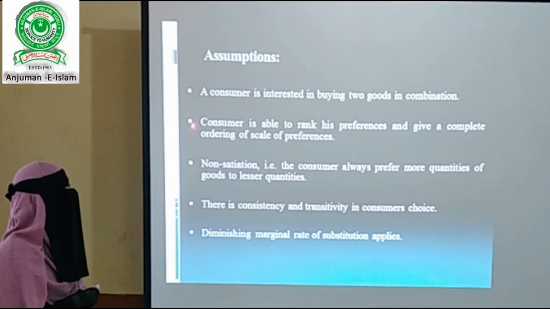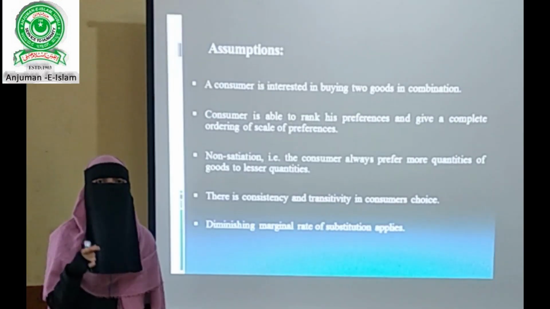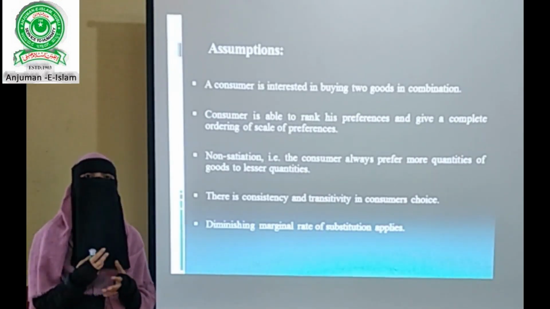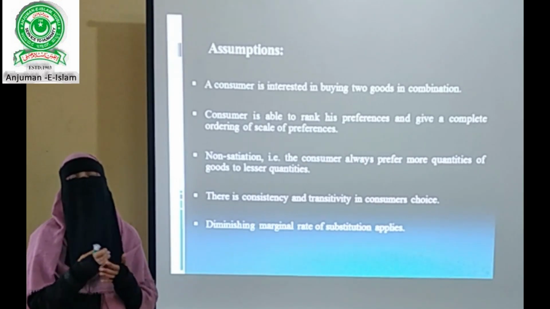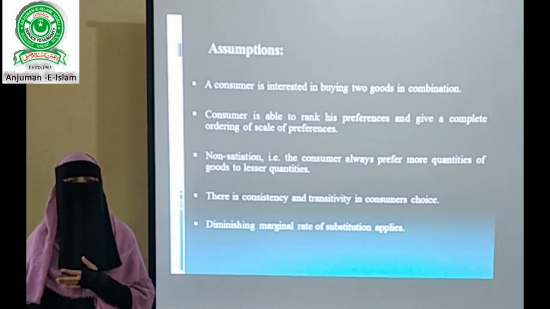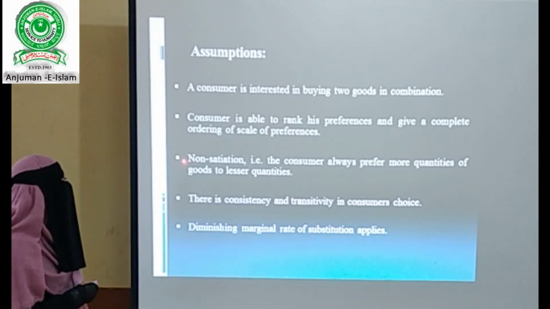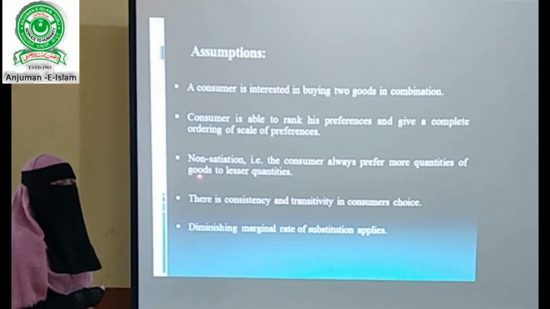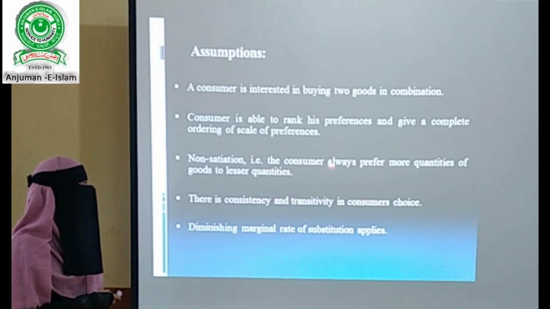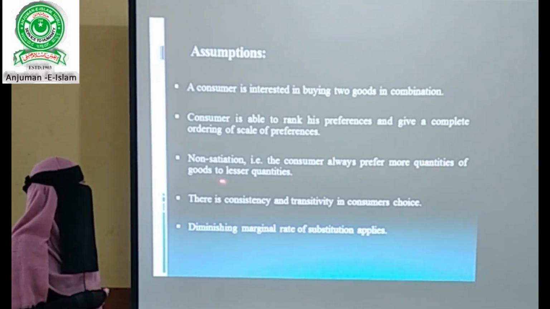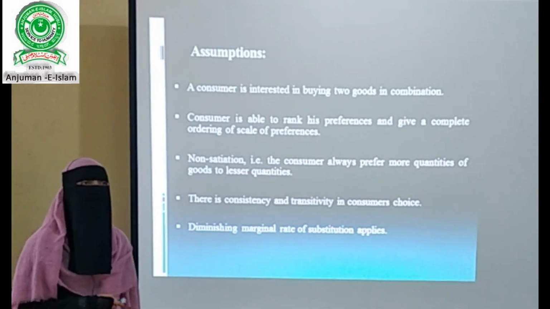The second assumption says that the consumer is rational; if he is irrational, he will not be able to give the preferences which give him the highest level of satisfaction and the lowest level of satisfaction. Next assumption says that there is no satiation, that is, the consumer always prefers more quantities of goods to lesser quantities.